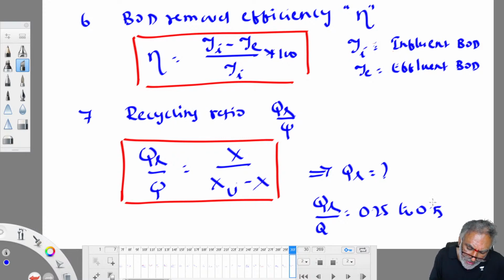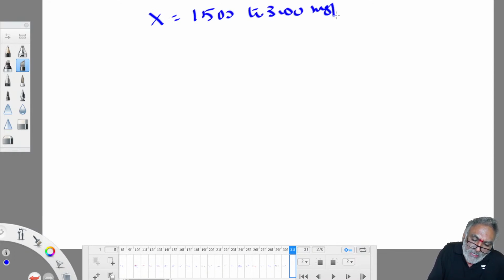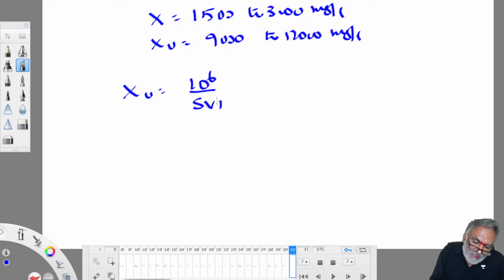To get this QR by Q ratio of 0.25 to 0.5, we have to maintain X concentration in the aeration tank as 1500 to 3000 milligram per liter and XU concentration 9000 to 12,000 milligram per liter. This you need not remember. And XU you can also work out by using 10 power 6 by sludge volume index, and you get XU in milligram per liter.